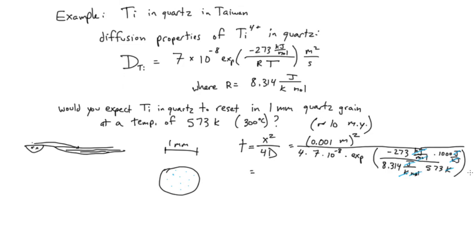So all those units are going to cancel out. And I'm just going to type this in. Okay, 0.001. You try this yourself at home. See if we get the same number.